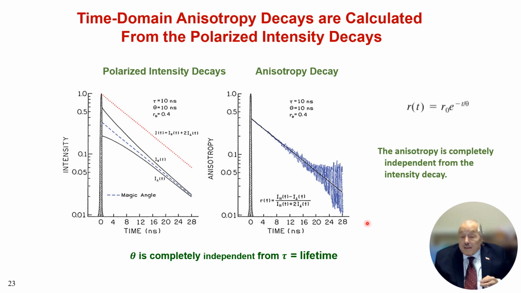We're sort of lucky that the lifetimes of our fluorophores and the rotational correlation times of the proteins are somewhat similar, but that didn't have to be the case. Nature just gave that to us. But the correlation time is completely independent of the lifetime. This lifetime could have been seconds. It wouldn't have mattered. Correlation time would have been the same.